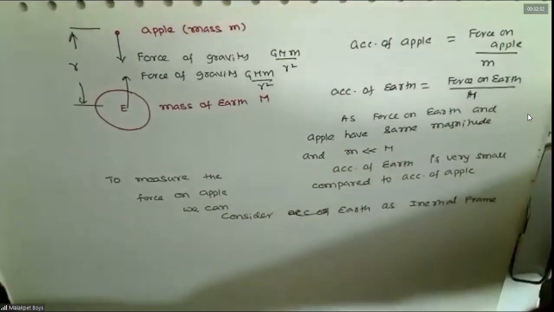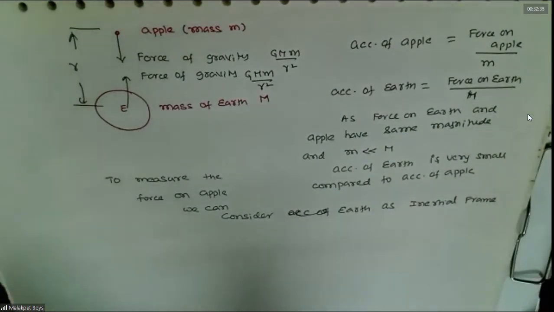So mostly the acceleration of Earth is negligible for the event. A car is moving with acceleration, but you won't see Earth having acceleration. We don't find that. Understood this?